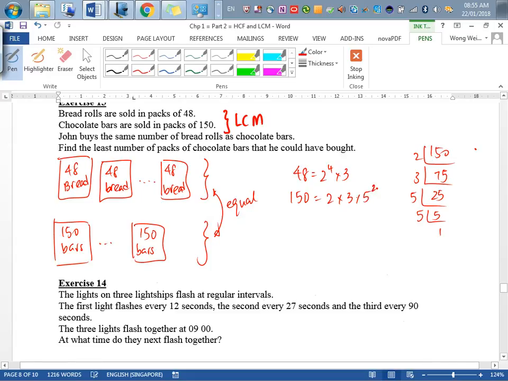Am I correct? I hope I'm correct. And now we will need to find the LCM. This will be equal to 2 to the power of 4 times 3 times 5 square.